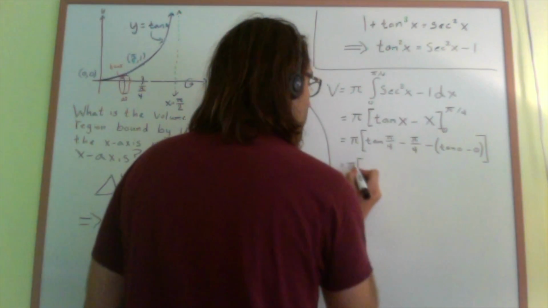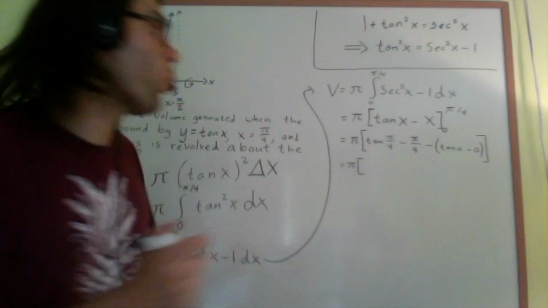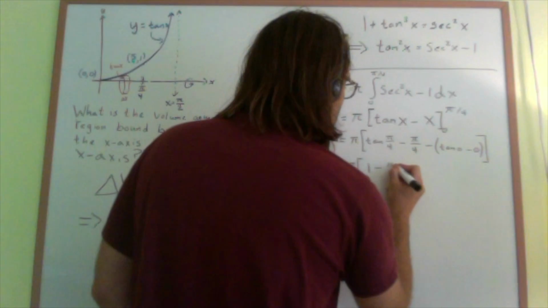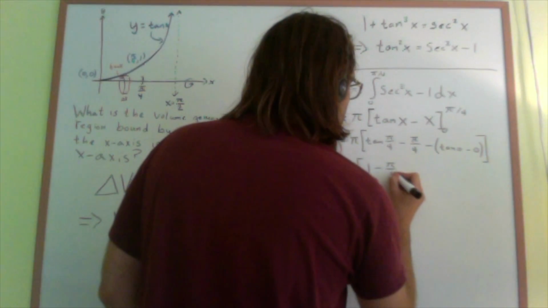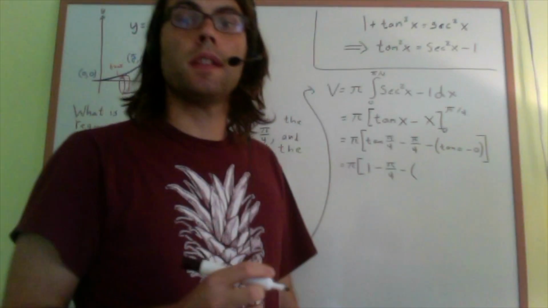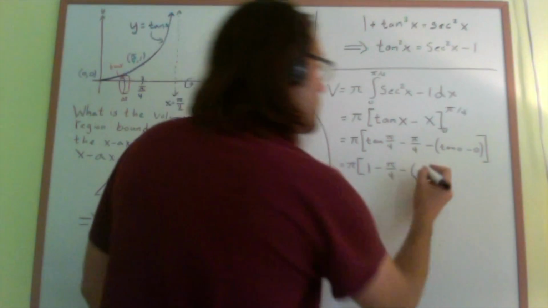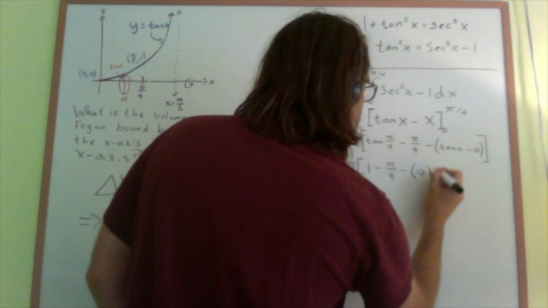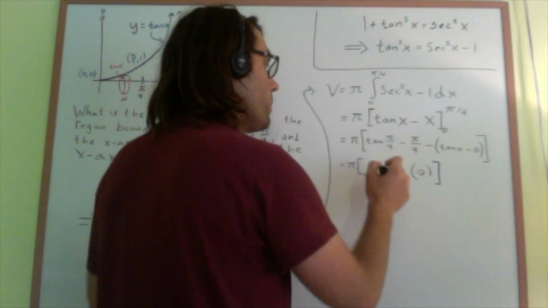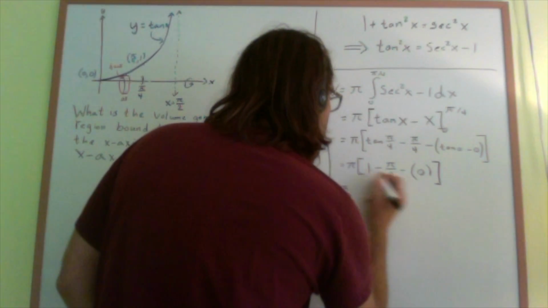Tangent of pi over 4 is simply 1. Pi over 4 just stays put. Tangent of 0 is 0, and then 0 minus 0 is 0. And once again, we have 1 minus pi over 4 minus 0, and anything minus 0 is just that thing. So this is going to be 1 minus pi over 4.